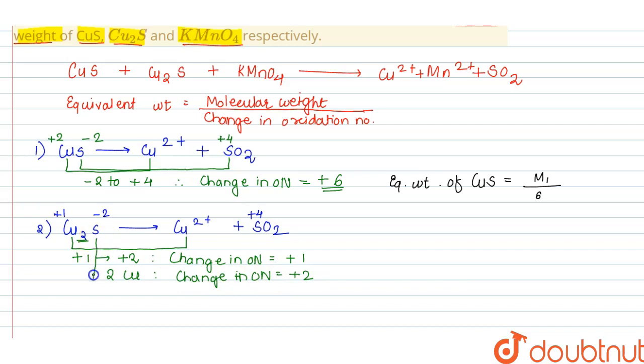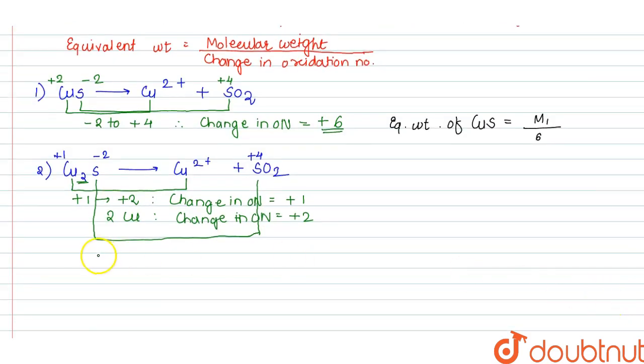Now when sulfur in -2 oxidation state changes to sulfur in +4 oxidation state, the oxidation number goes from -2 to +4. Therefore, change in oxidation number is equal to +6.